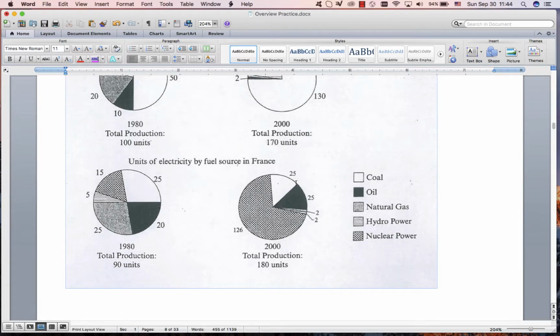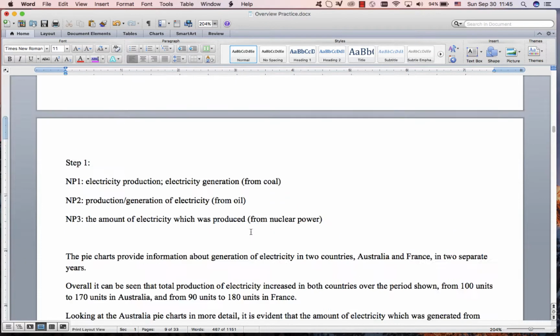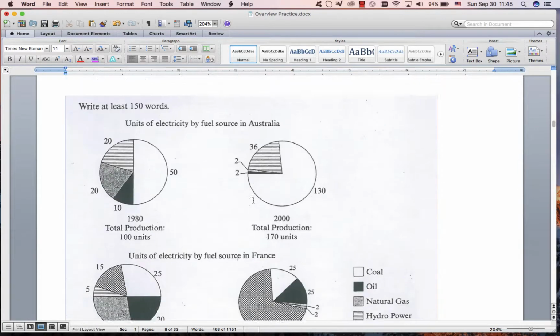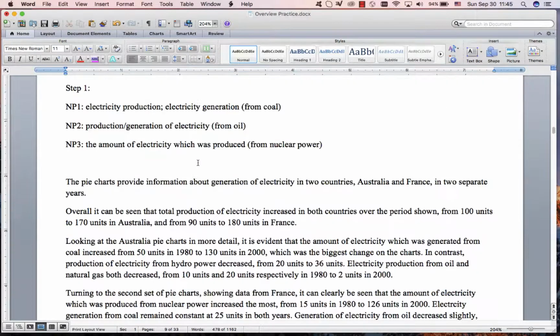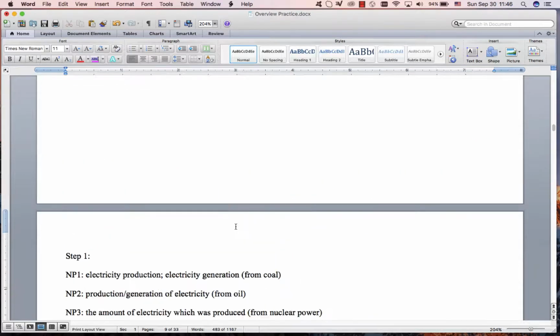This is 25 and 25. From coal, remained the same, remained constant, remained stable, something like that. Great, that's actually 2 data points then that we've knocked out. Then we want this one, decreased slightly, oil decreased slightly, increased slightly. Instead of saying the years, I've said over the period shown.